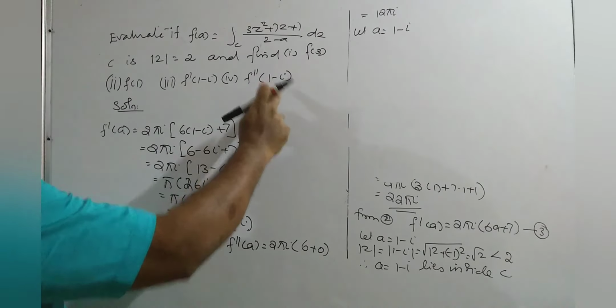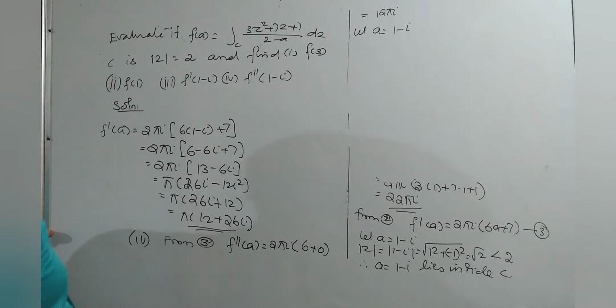And f double dash of 1 minus I. So this value is taken as a.